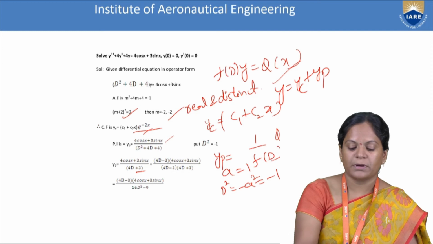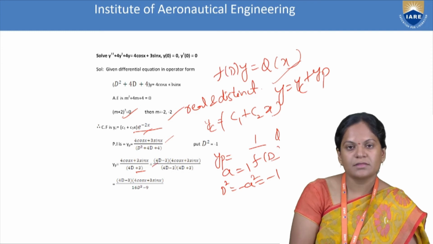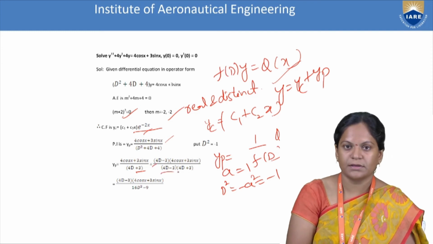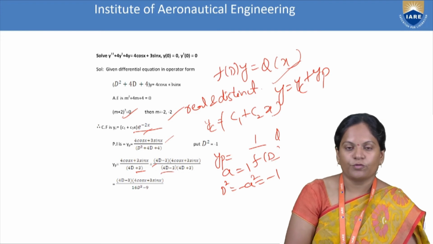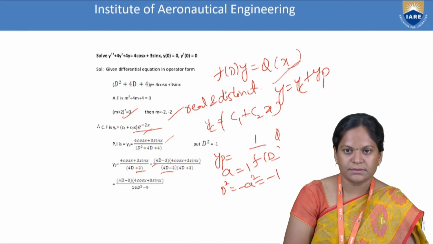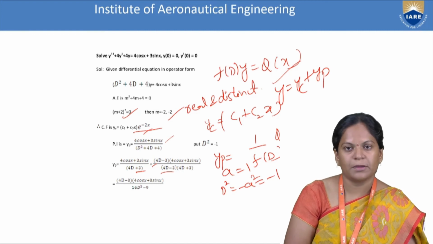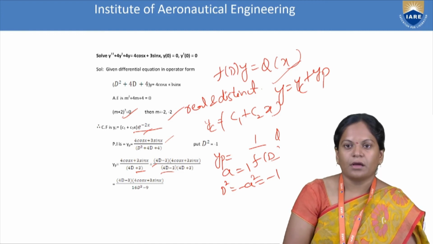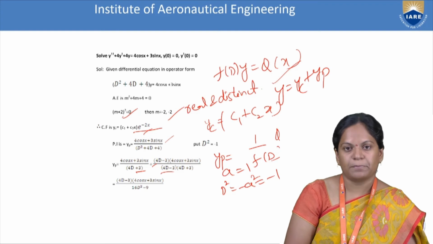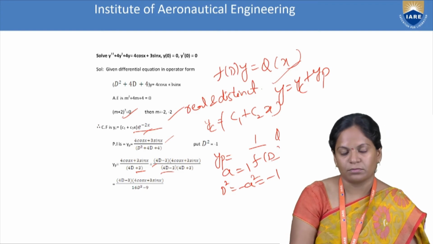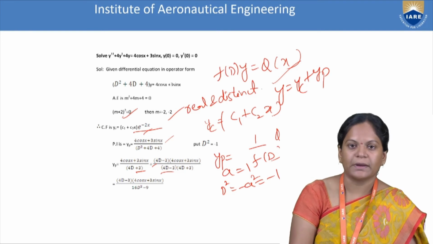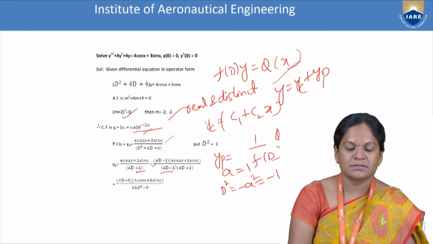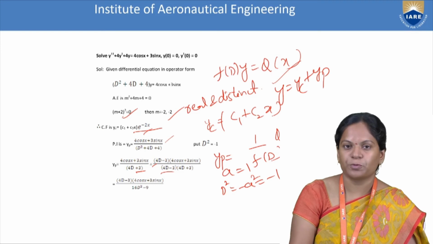In the numerator I am writing 4d minus 3 into q of x, that is 4 cos x plus 3 sin x. In the denominator we have the a plus b into a minus b form, which we already know is a square minus b square. The numerator is the same; I am not disturbing anything in the numerator.